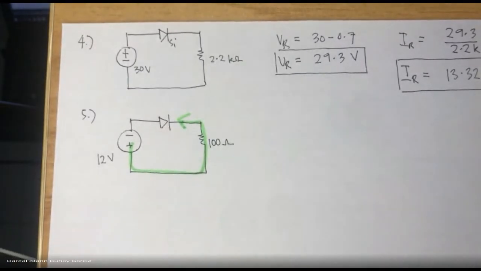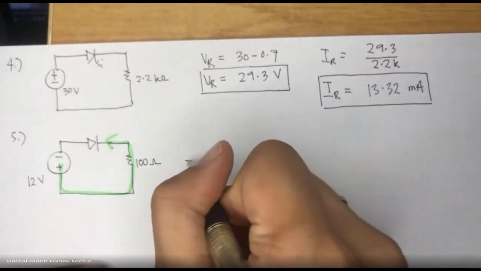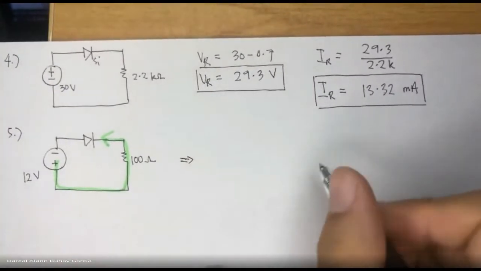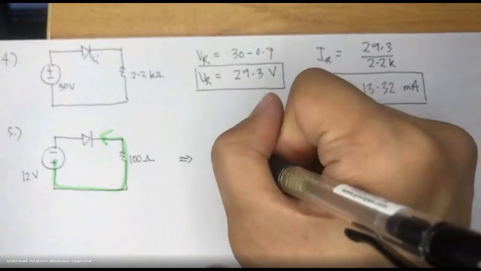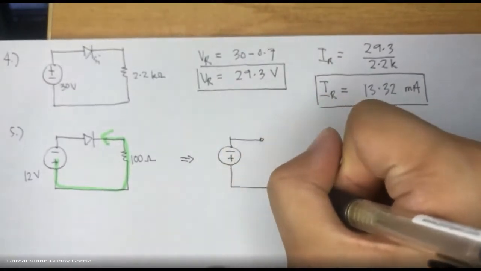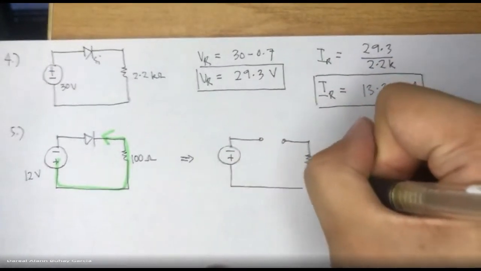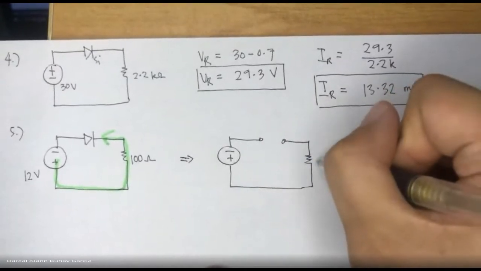So, before we go any further, ang equivalent circuit sa diode, I mean, off. Off. Right, thank you. Uh, 100 ohms.